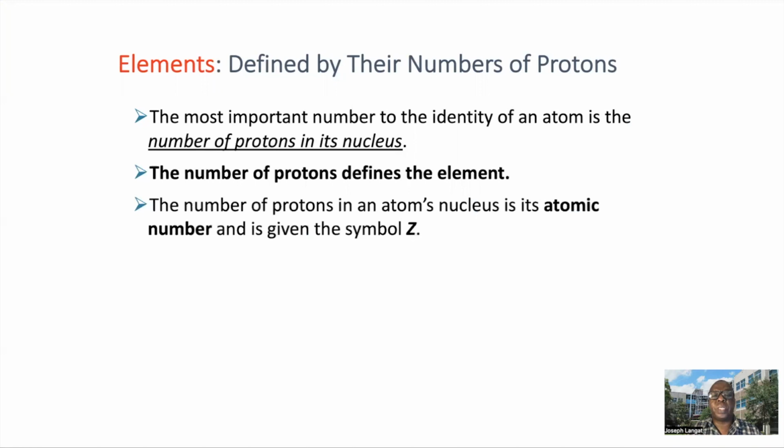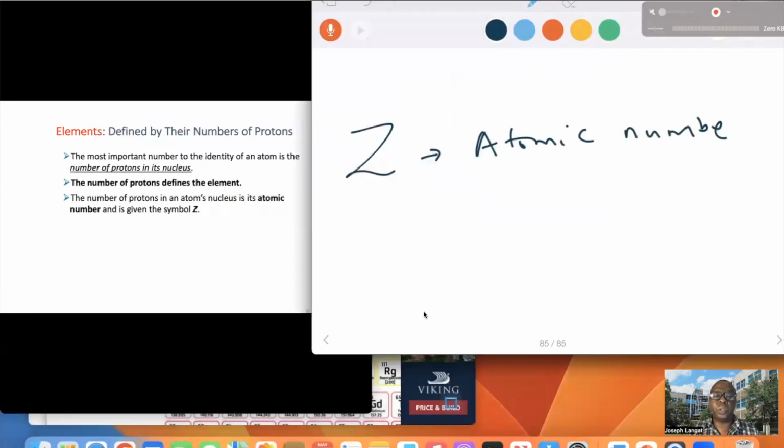The number of protons in the atom's nucleus is its atomic number and is given by Z. So always in this section, Z is the atomic number, which is what? The position on the periodic table. I was making my raw notes and wanted to show you this.